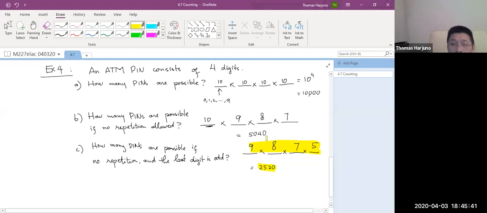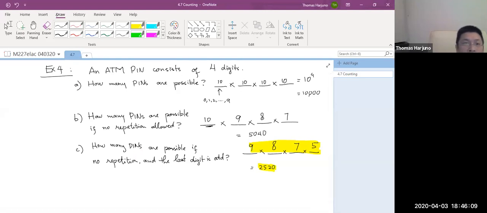Yeah, 2,520. But what I said earlier is I need you to show the work more than just the calculator work. Probability, especially the counting part, tends to be on the easy side at the beginning until it gets mixed up. So please learn to show the work because that's really how you think step by step. Now that's for the first part.